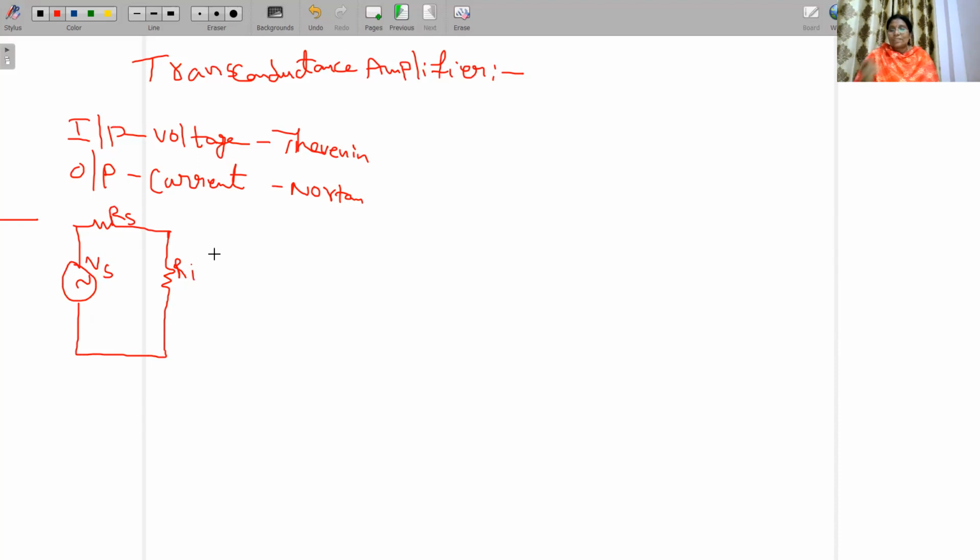And then we are going for the Norton equivalent model. What is meant by Norton equivalent model? That is current source. The current source is in parallel with resistance. What is the current source now here? The current source is Gm into Vi. That represents the current source in parallel with resistance.